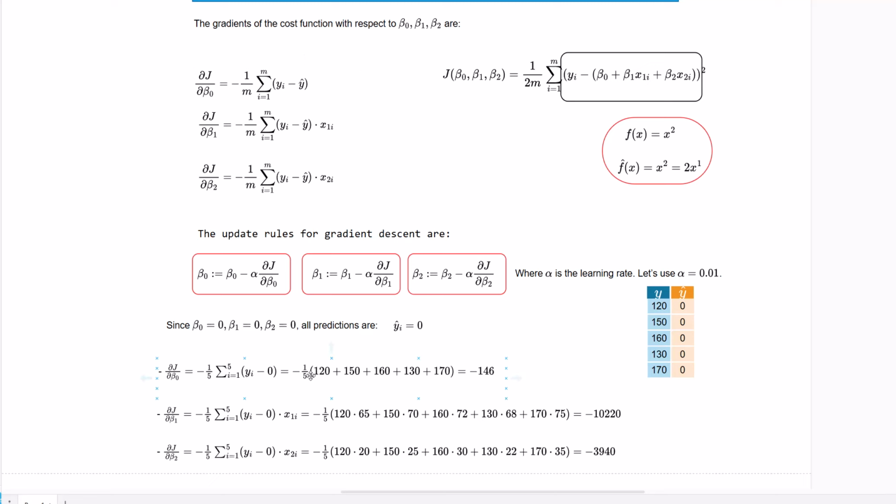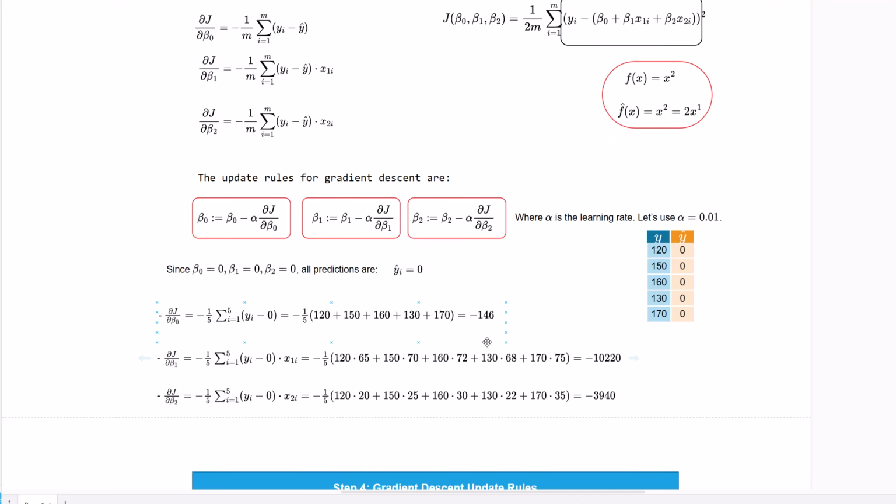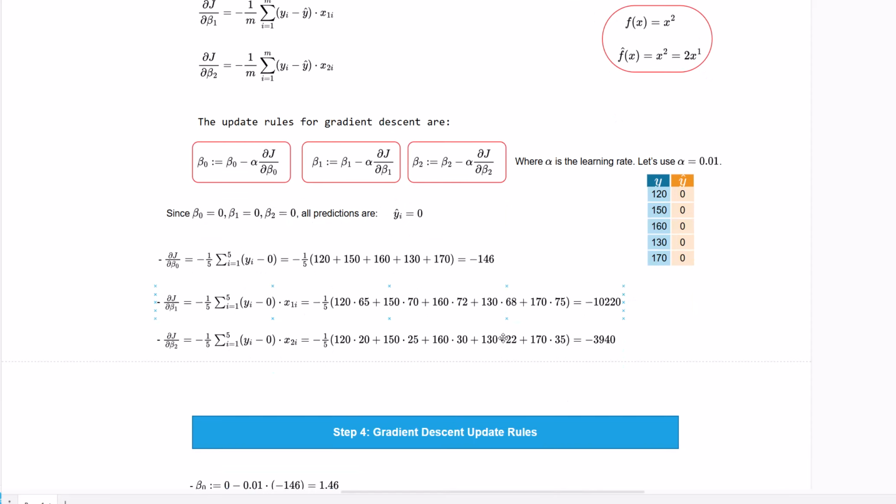Now open the brackets: 100 minus 0, plus 150 minus 0, plus 160 minus 0, and etc. And the gradient of this will be 100 minus 164, yeah, 46. And this is for beta 0, right?